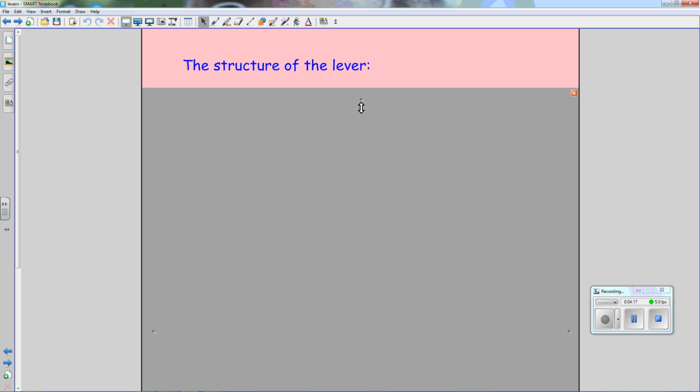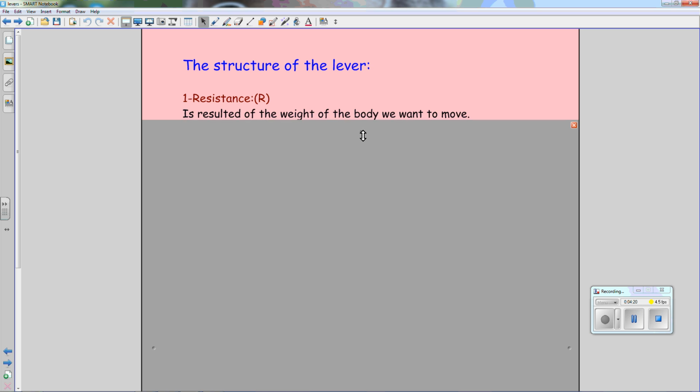Any lever consists of three main parts, which are, first, the resistance. The resistance results from the weight of the body we want to move.